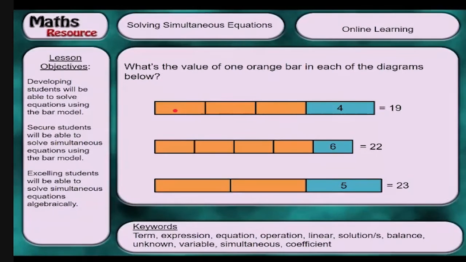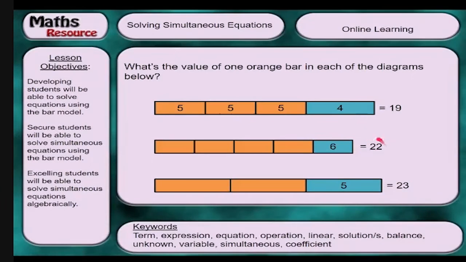So I'm going to share or divide my 15 equally between these three. 15 divided by 3 is 5. I can check my answer. So 5, 10, 15, plus 4 gives me 19.